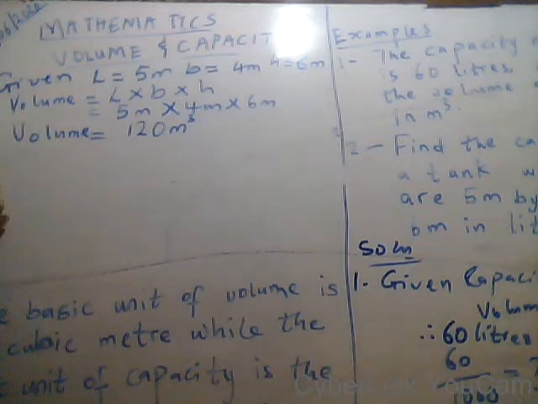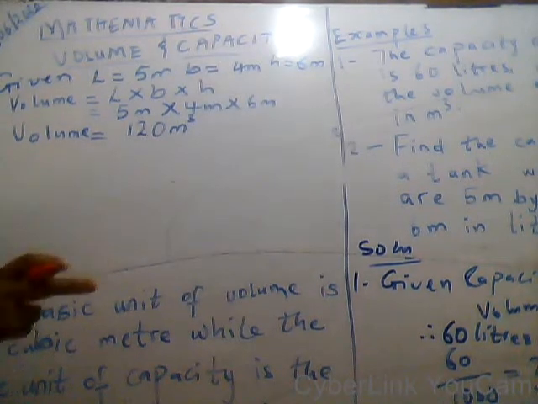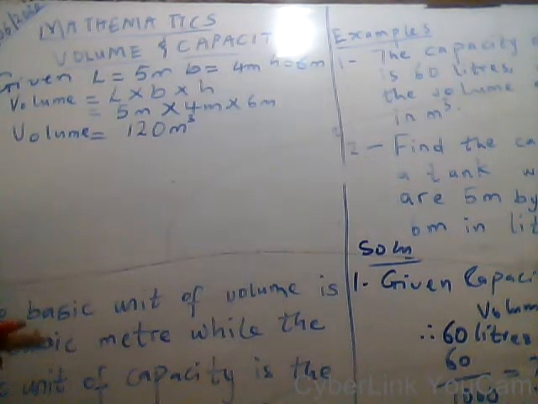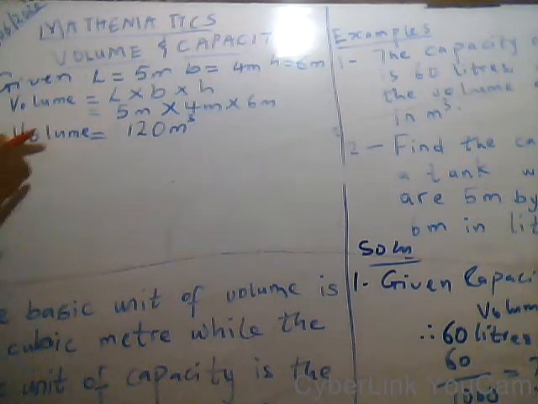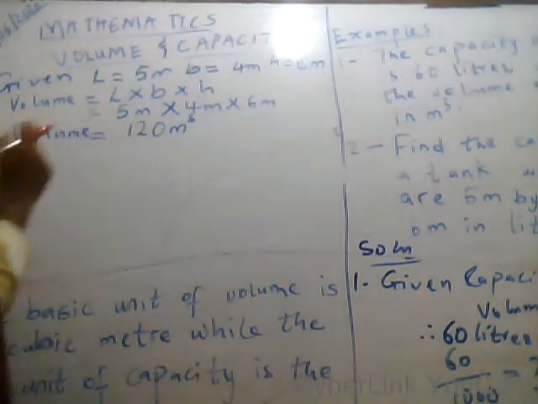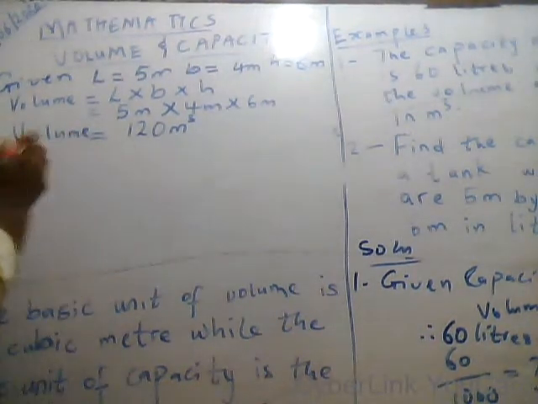Now, remember what I told you in the notes, that if you want to convert from meter cube to liter, then you multiply by 1000. And if you want to convert from liter to meter cube, then you divide by 1000. In this case, we want to convert from meter cube to liters, then we have to multiply by 1000.